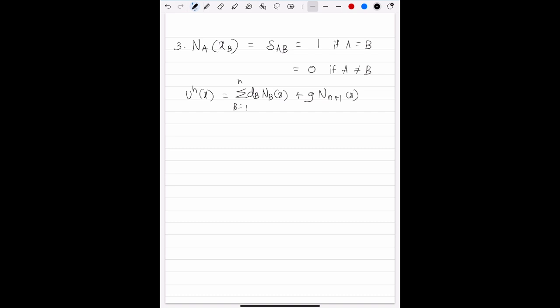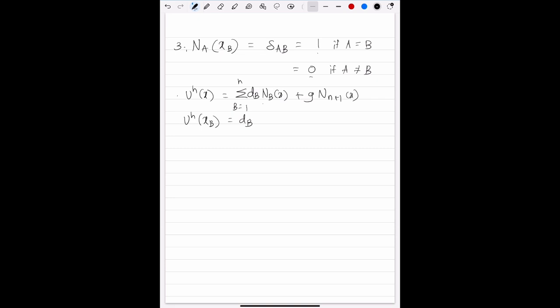Now what's interesting is that if you take this relation and put it into this equation, then what we will end up with is that uh_h evaluated at a grid point xb is nothing but dB. Now why is that? If you evaluate uh_h of x at one particular grid point, then within all of these terms, pretty much most of them will be 0 because of this relation over here. The only term remaining is dB multiplied by 1, and thus uh_h of xb is equal to dB.